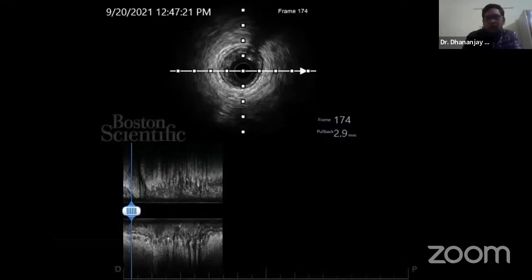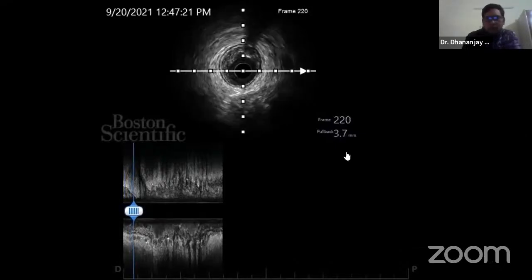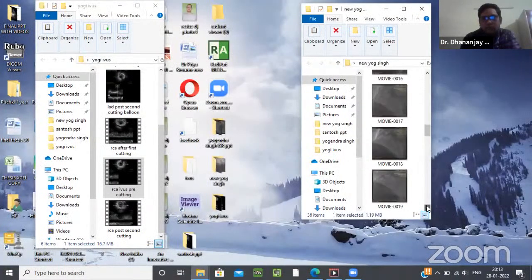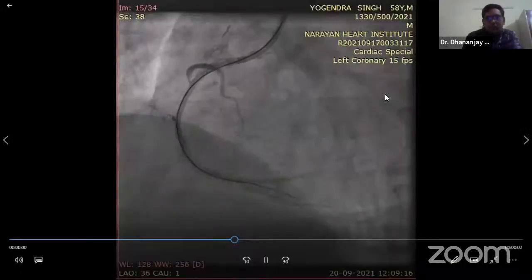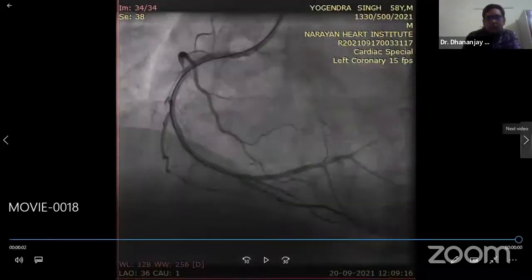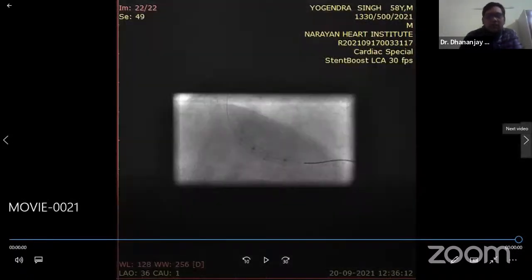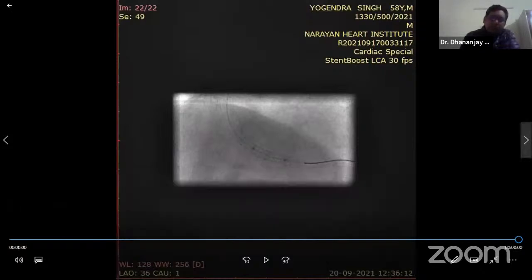So giving the cutting balloon, and after cutting balloon Flextome 2.5 x 10 and post-dilatation with 3.5 NC at higher pressure.